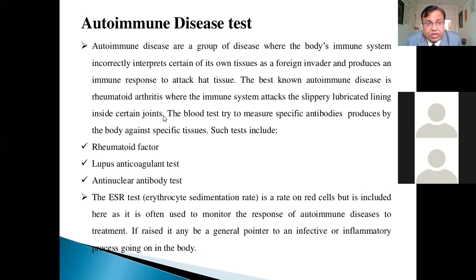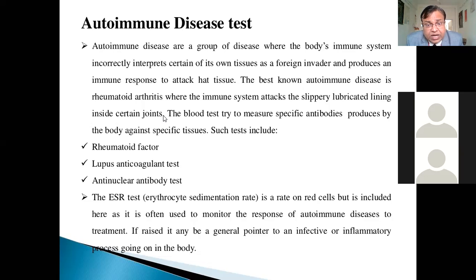So this is called autoimmune disease, in which the body organ or body cells are treated as foreign particles. The best known autoimmune disease is rheumatoid arthritis, where the immune system attacks the slippery lubricating lining inside certain joints.